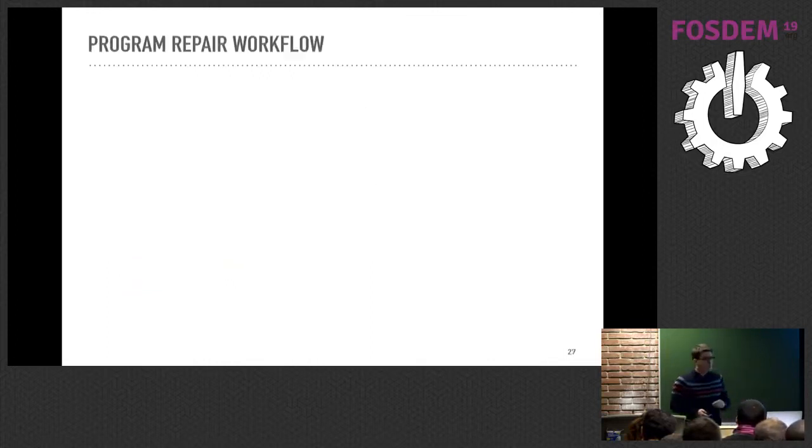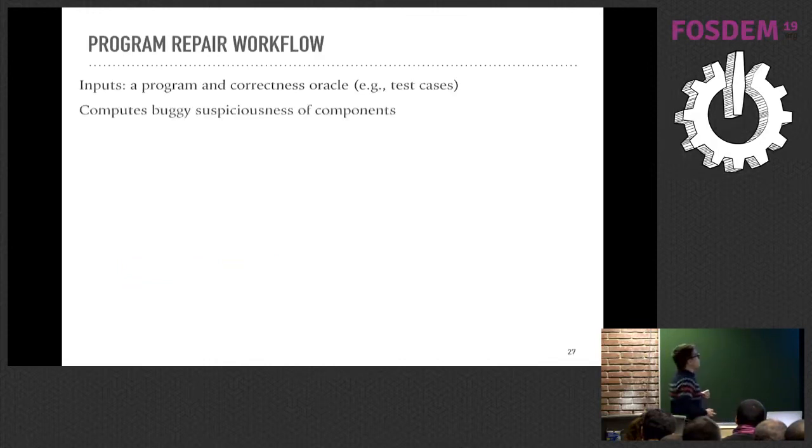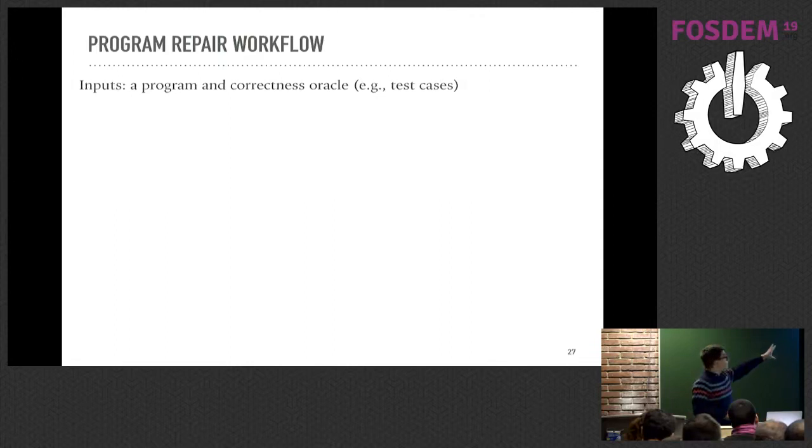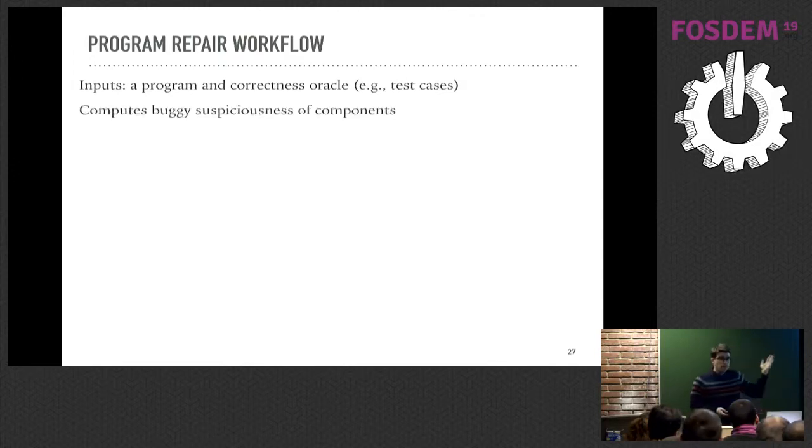So, how does it work? The inputs of Astor are the buggy program and the oracle. The oracle, in this case, is the test cases. The first thing that Astor does is to compute the suspiciousness of components. That means that for each statement of the program, it computes the probability that this statement has a failure.